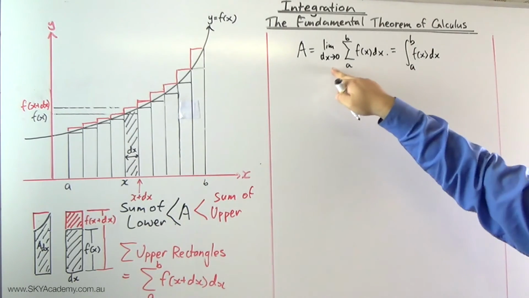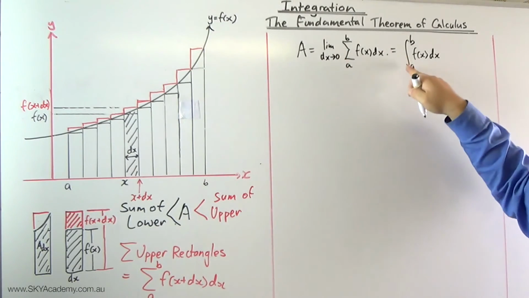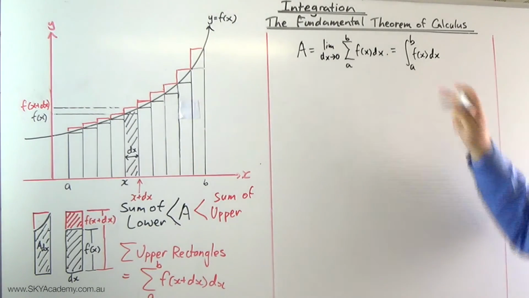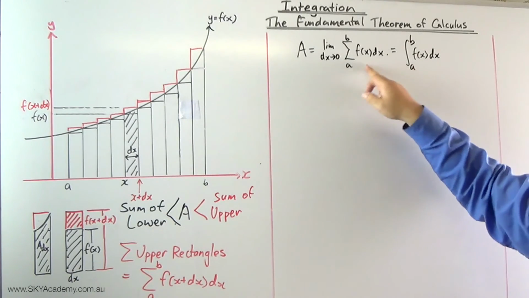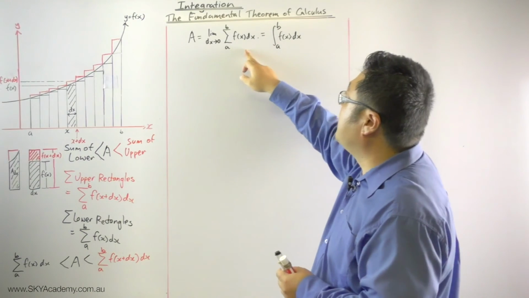And we don't need the limit as dx approaches 0 because that is already implied by the integral sign. Does that make sense? So this is the integral notation way of describing exactly what's going on here. Got it? Cool. All right.